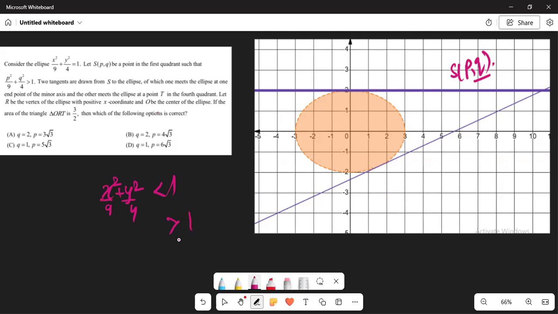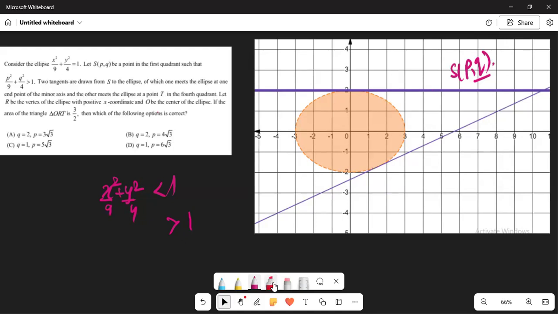You can check it. You can take a point, for example, origin. You substitute in the equation of ellipse, you get 0 less than 1. So the point lying inside the ellipse satisfies the inequality x square by 9 plus y square by 4 less than 1. And the points lying outside the ellipse satisfy the inequality greater than 1.